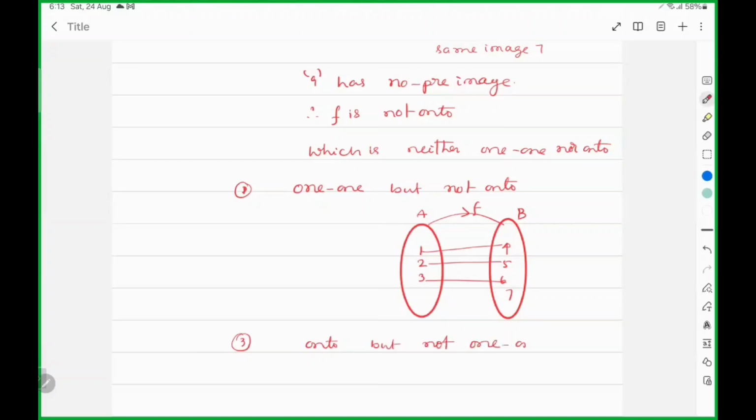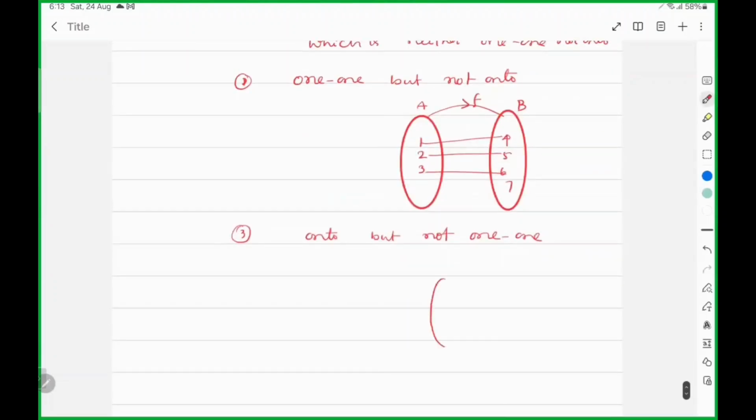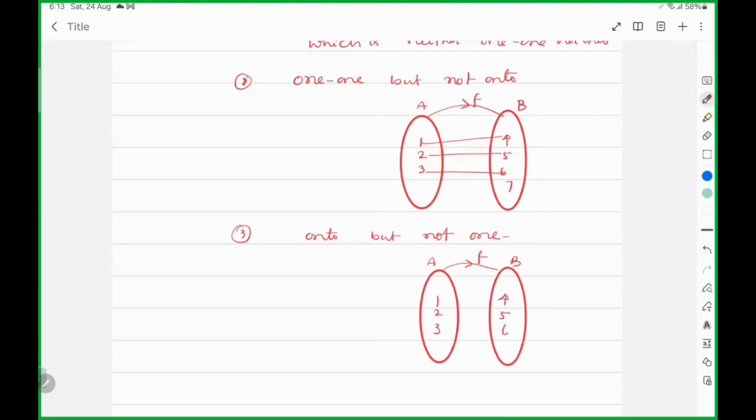Onto but not one-one. Here if you take 1, 2, 3, like this.